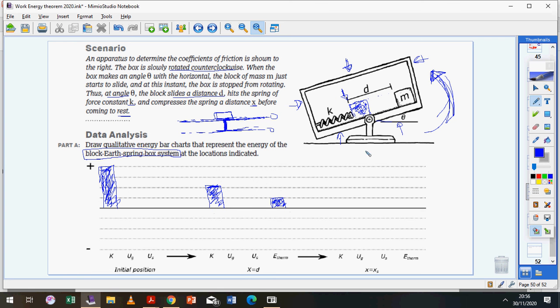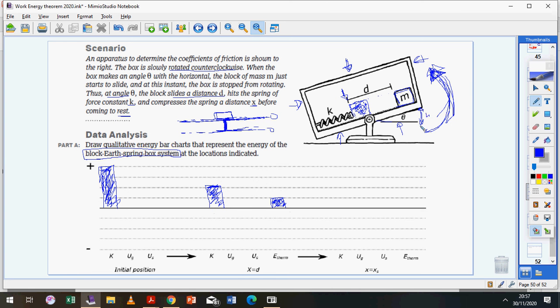Now, when this system starts moving counterclockwise, this block gains potential energy because its height above its initial position is increasing.